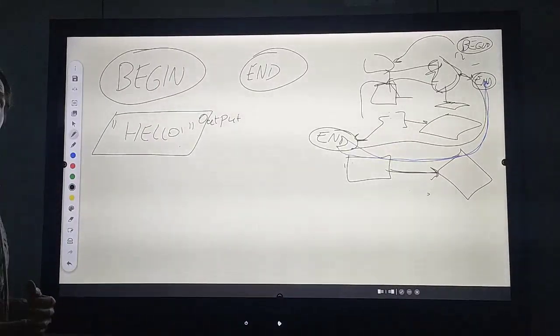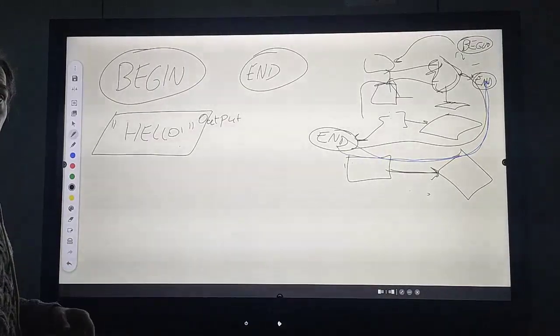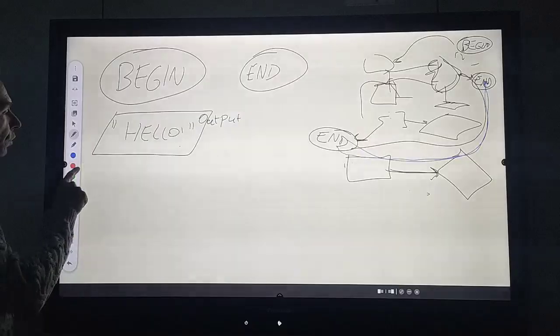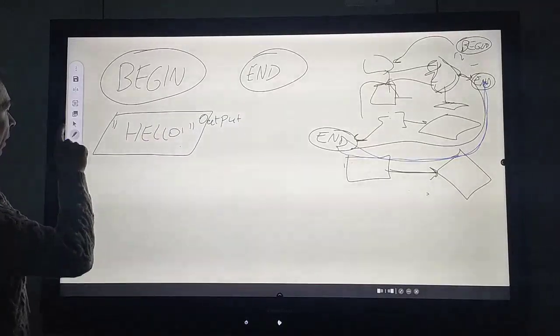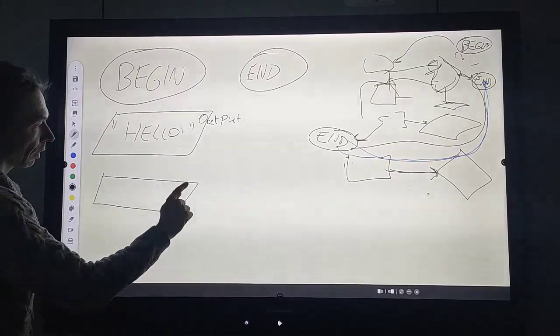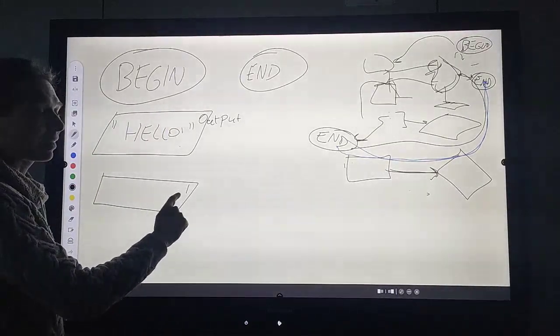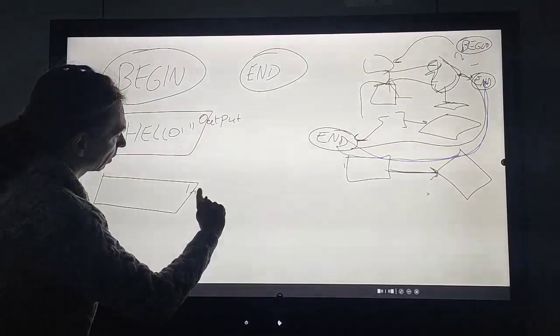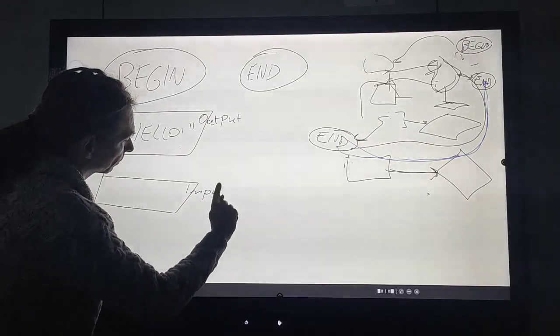So I make the droid listen using the same shape, but with the I of input.